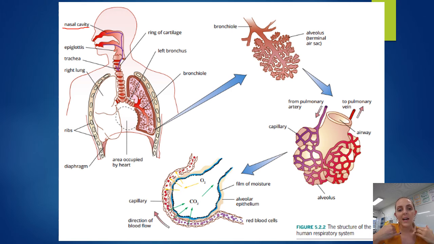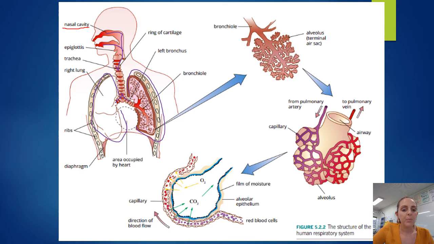It's surrounded by cartilage, and that's so that it keeps our airway open because it's exposed to the external environment. And you can feel those rings of cartilage at the front of your neck there. Now, as the air travels down the trachea, it's going to split off into two different sides, and we call these the left and the right bronchus.